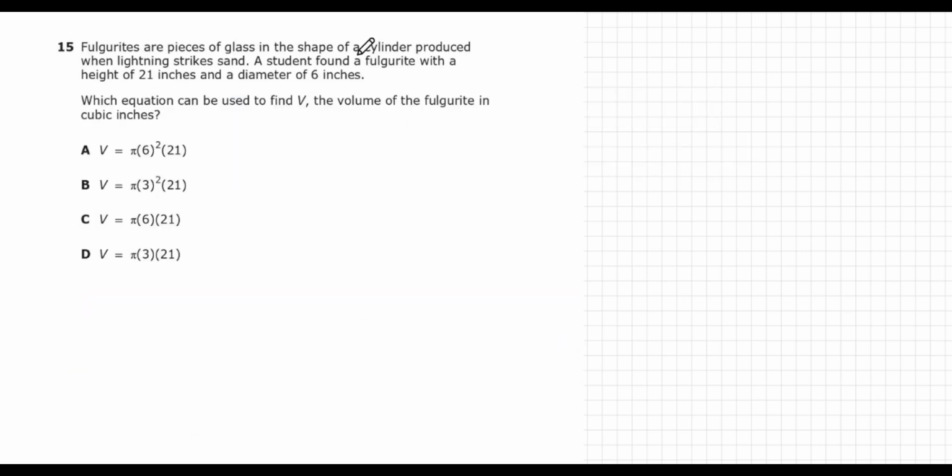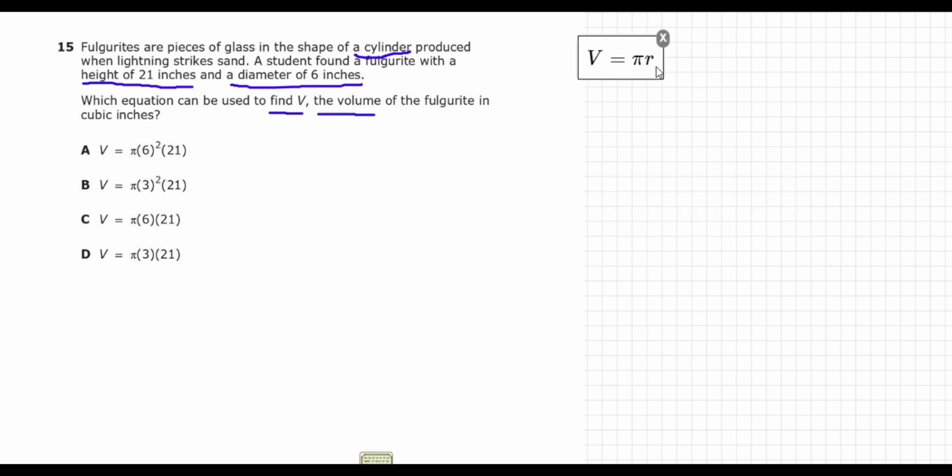Question number 15. Fulgurites are pieces of glass in the shape of a cylinder produced when lightning strikes sand. A student found a fulgurite with a height of 21 inches and a diameter of 6 inches. Which equation can be used to find V, the volume of the fulgurite in cubic inches?